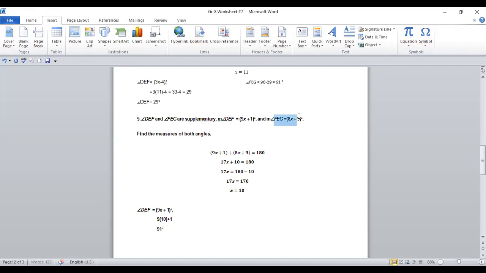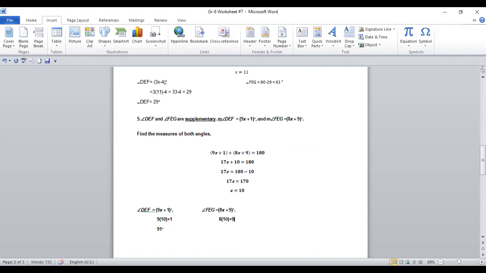Now, how do you find angle FEG? You can use any way you want to. You can simply subtract 91 from 180 or replace x with 10. Let's replace x with 10 and check. So this is going to be 8 multiplied by 10 plus 9.